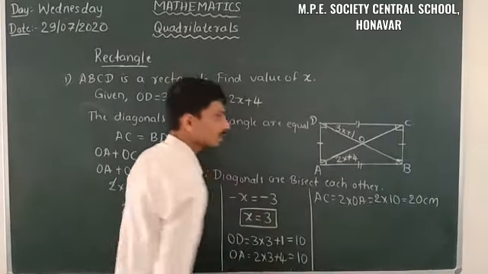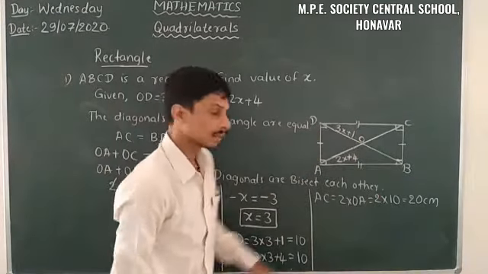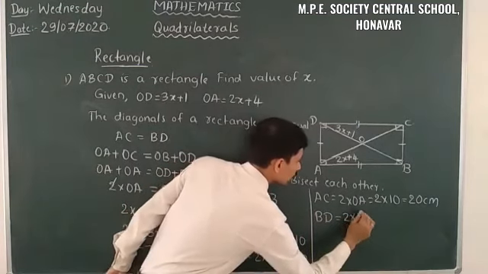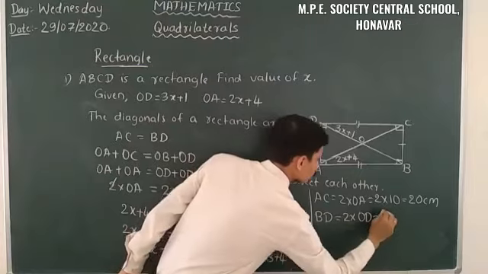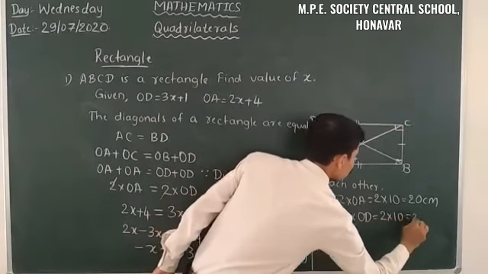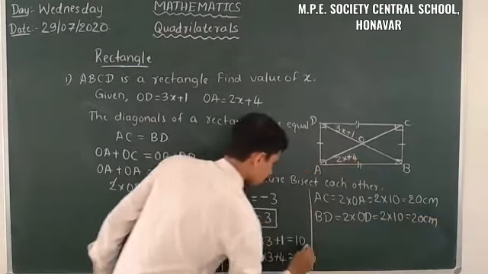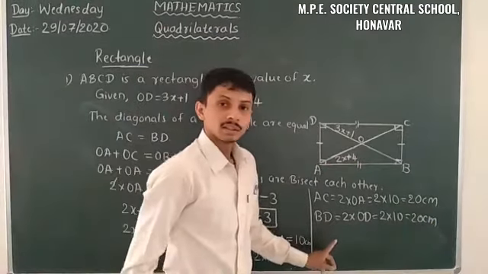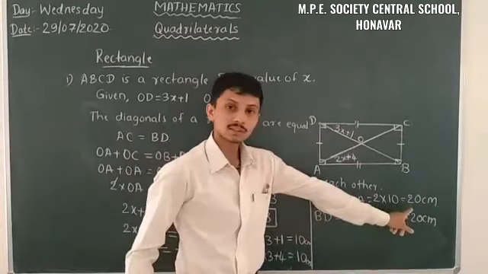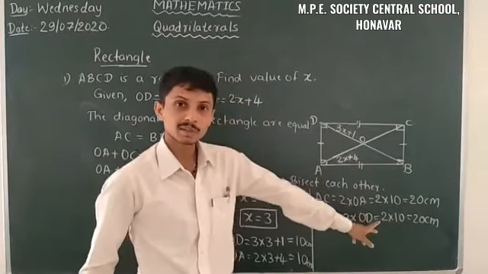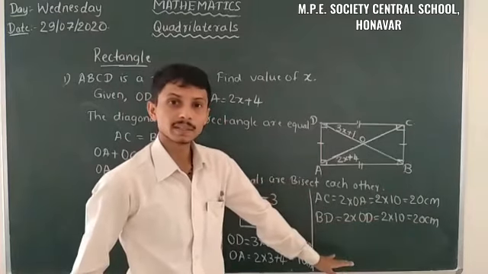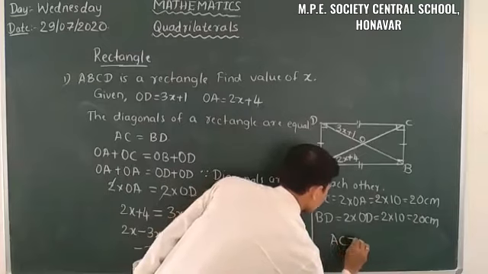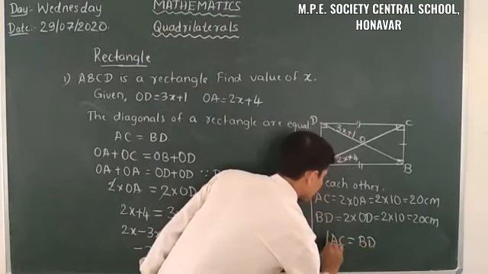Then BD is equal to 2 into OD, which is 2 into 10, which is 20 centimeters. So when we observe this, AC is equal to 20 centimeters and BD is equal to 20 centimeters. It means AC is equal to BD. That means the diagonals of a rectangle are of equal length.